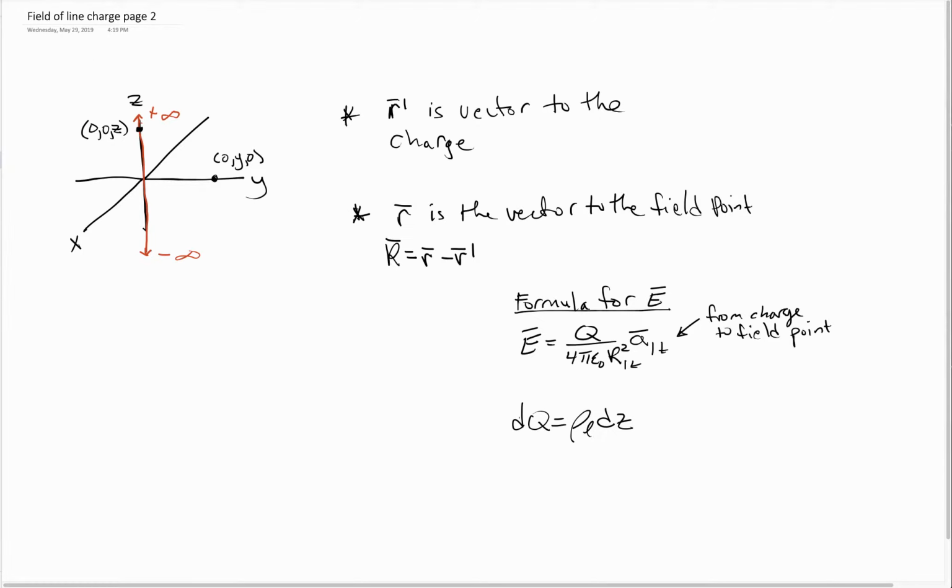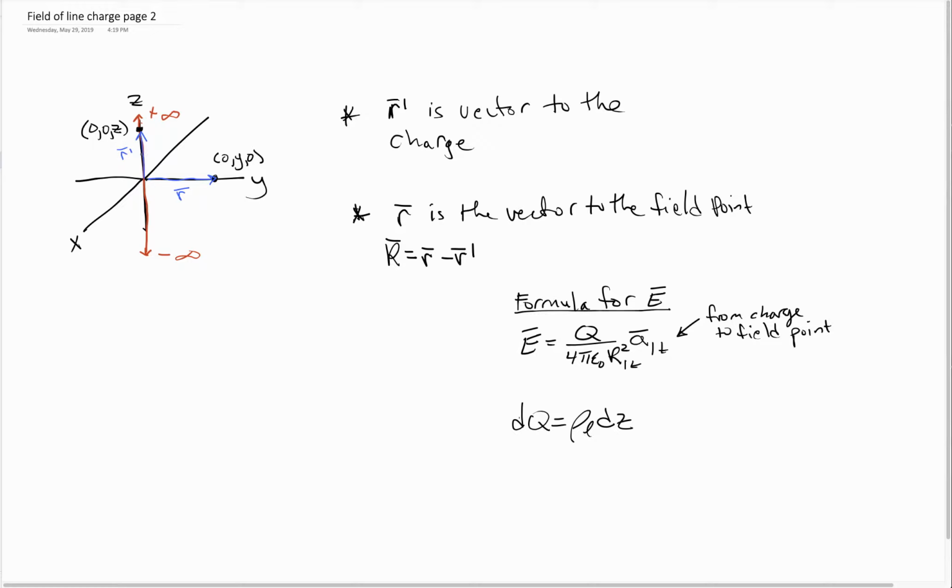And then, so how do we determine the electric field now? I've redrawn the coordinate system, and now we have a field point out here, 0, y, 0. And so this is the vector, and I'm going to draw it in a different color. We're going to have a vector going out here, and we'll call this r, and then a vector going out to this point here, and we'll call this r prime.